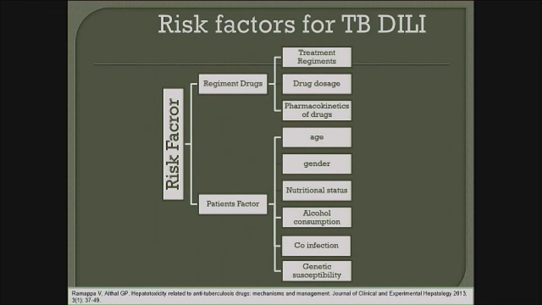The risk factors are divided into the drug regimen, including the treatment regimen, drug dosage, and the pharmacokinetics of the drugs. And the patient factors include age, gender, nutritional status, alcohol consumption, co-infection, and genetic susceptibility.